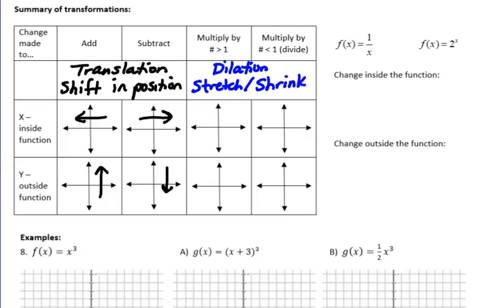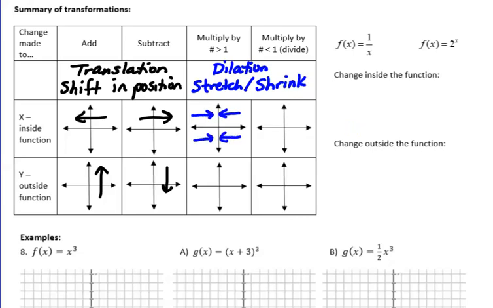So if we are inside the function, we are stretching and shrinking towards the y-axis or away from the y-axis. So if we multiply by a number greater than 1, that actually makes our x values smaller than they were before. So we are shrinking the graph towards the y-axis.